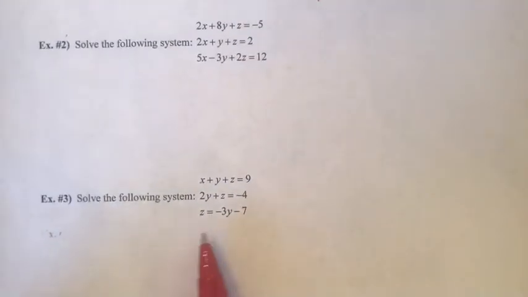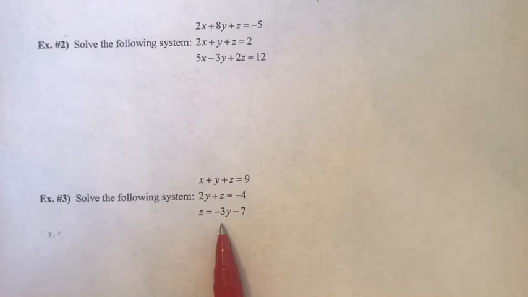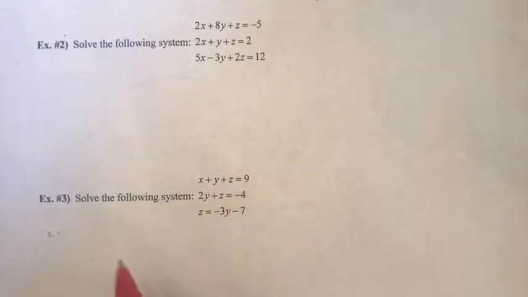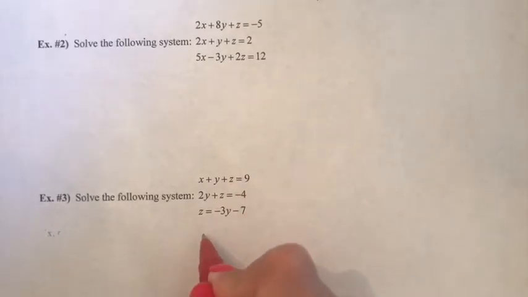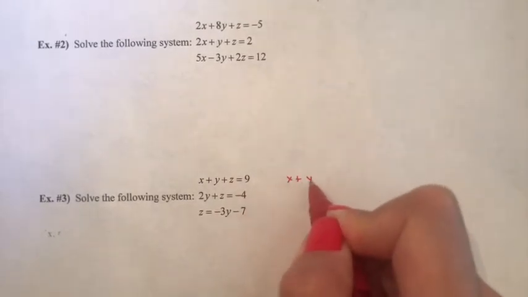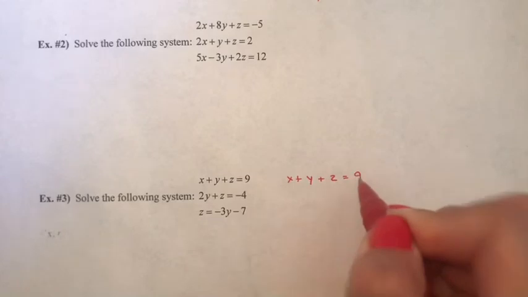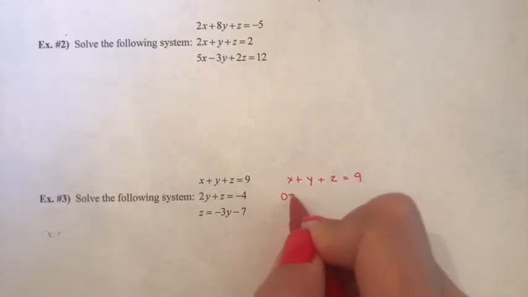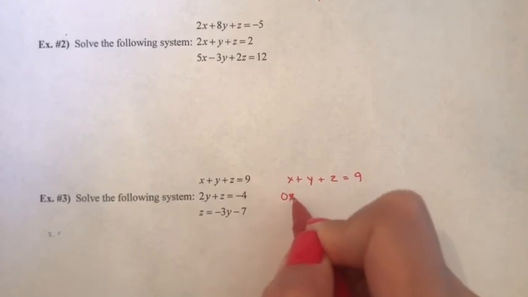For number 3, I just want to point something out. You want to make sure each equation is written in standard form. So for example here, if I have my coefficients, I need to make sure that the equation is written out right. Notice there are 0 x's. If it helps to put that placeholder in, go ahead and do that. 0x.